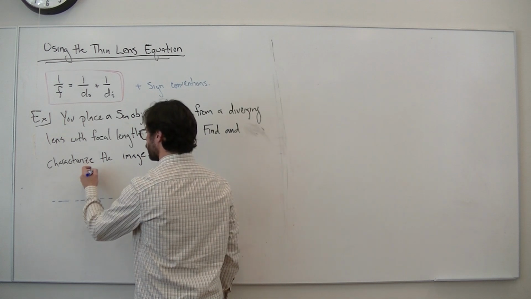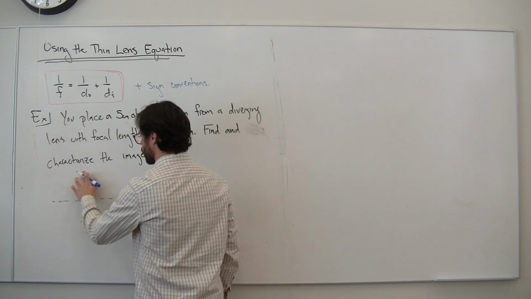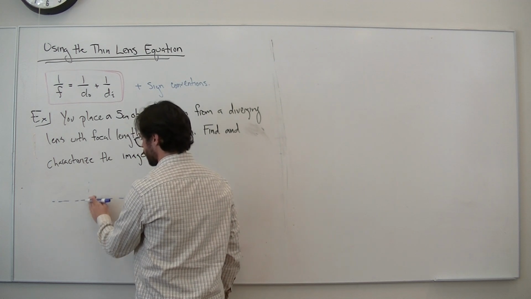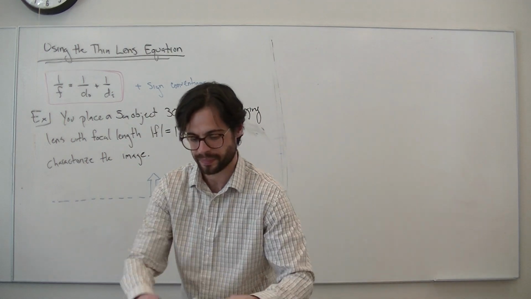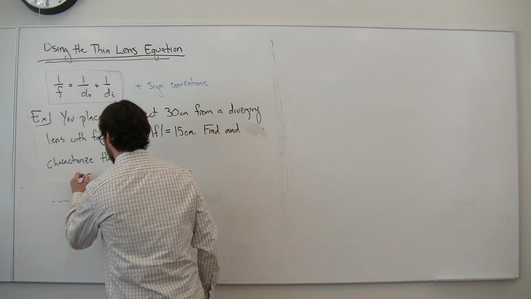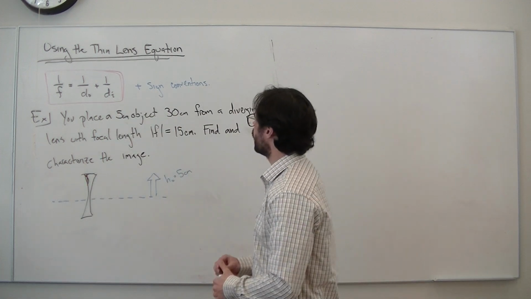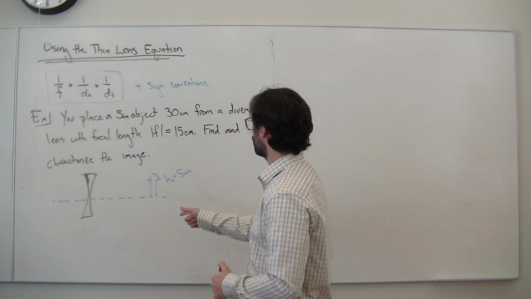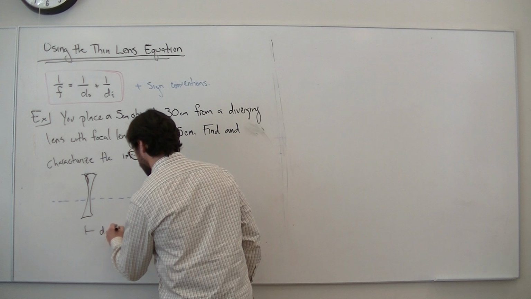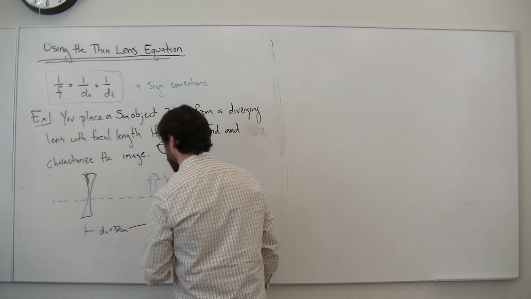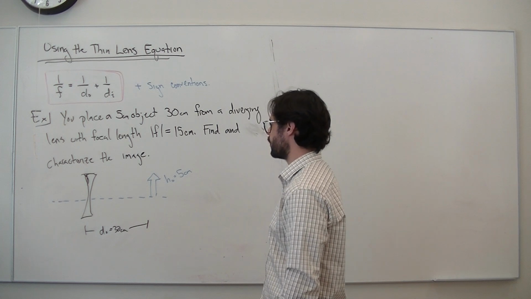And then we have a diverging lens, which has the diverging lens icon. Beautiful picture. And I have this thing 30 centimeters away, so that means that D naught is 30 centimeters. And I have a focal length of 15 centimeters.